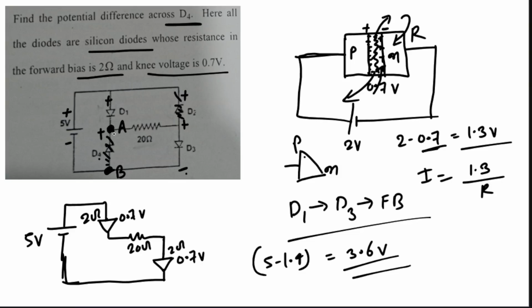So I'm going to write it here. VA minus of 20I. ठीक है.